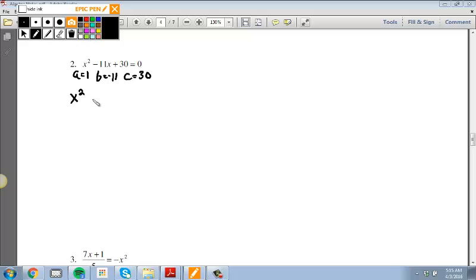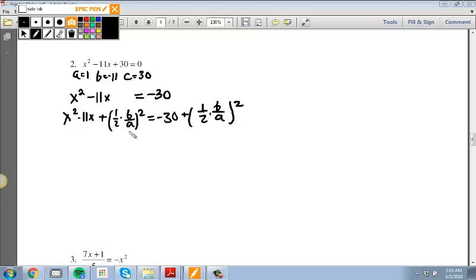I always want to make sure to subtract the c first, so I have x squared minus 11x is equal to negative 30. Then I'm going to do the same thing I did before and add a half of b over a, squared, to each side.